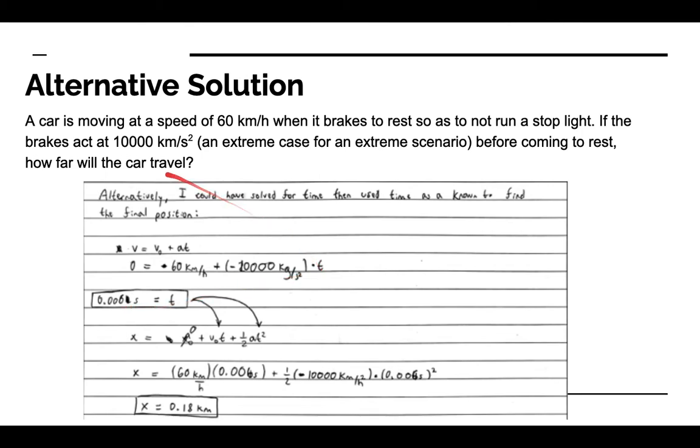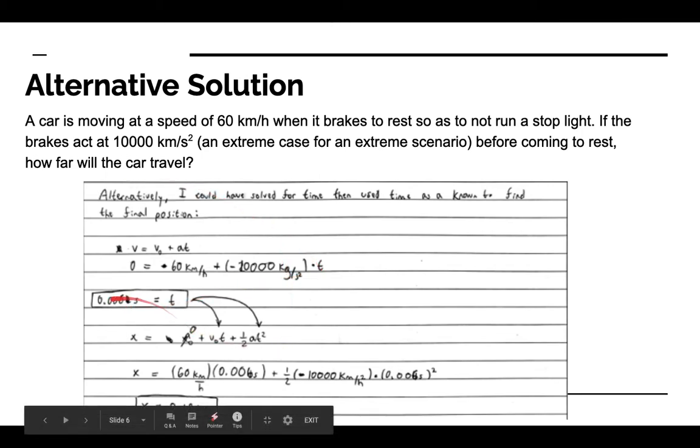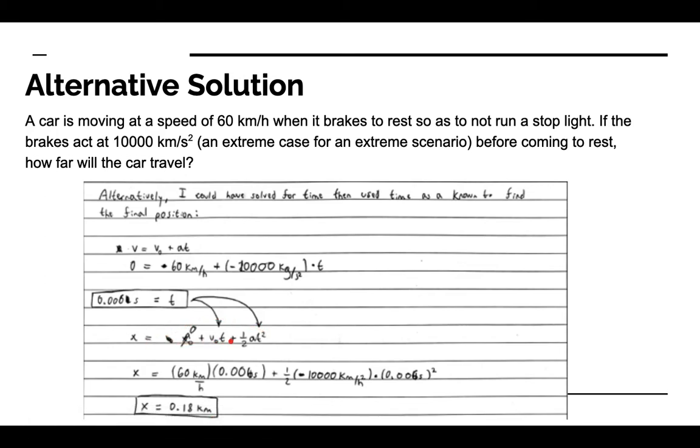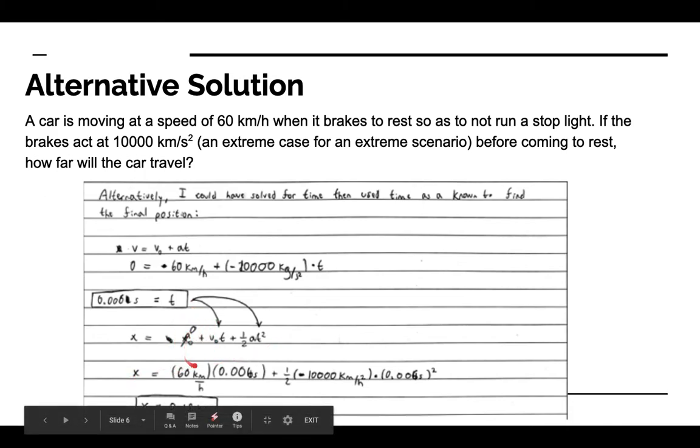Now we know that we're looking for the final position, so we can plug t into the first kinematic equation to solve for our position. So x equals x naught plus v naught t plus 1/2 a t squared. So as a result, x naught cancels out, our initial position is 0. We have v naught is 60 kilometers per hour. We have our time is 0.006 seconds, and then we have negative 10,000 kilometers per hour squared.